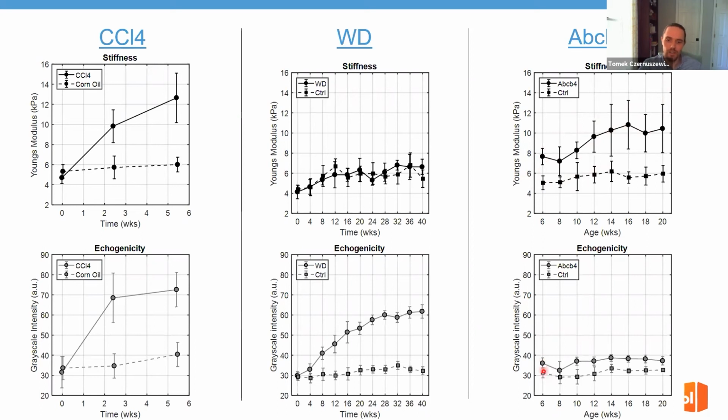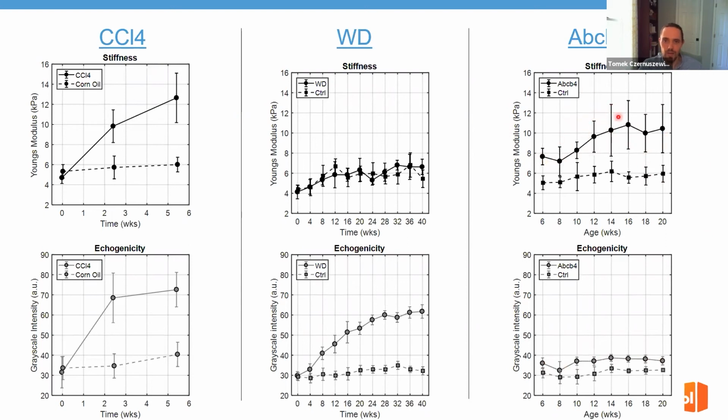There's a much more marginal difference in the echogenicity; the genetic mice seem to have slightly brighter livers, but there's no real trend over time. Whereas in the stiffness, there appears to be an increasing trend over time, which would be consistent with the fibrotic development from the cholestasis present in these animals.